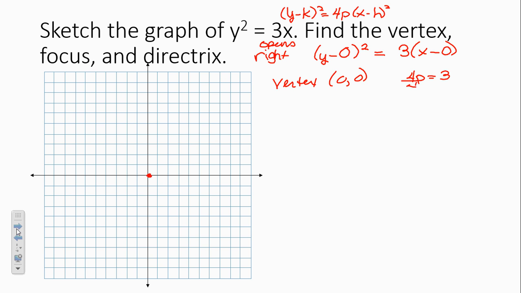So if we divide by 4, what is p? 3/4. So that means that our focus is 3/4 of a unit away from our vertex. So 3/4 of a unit, and we said it's opening to the right, we're going to be right here at 3/4.